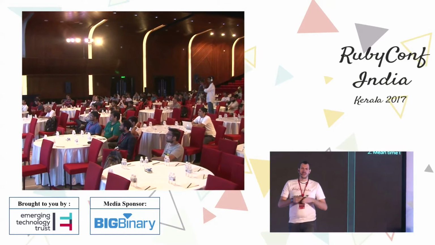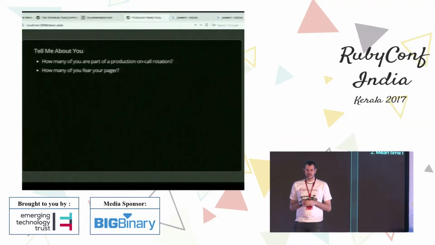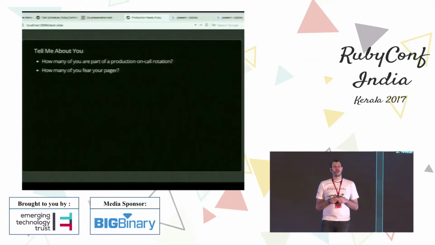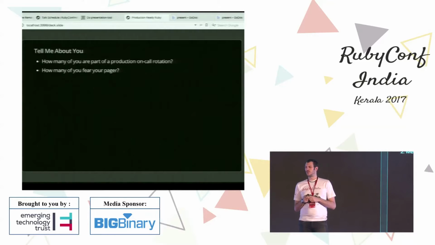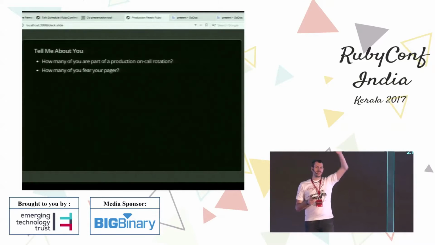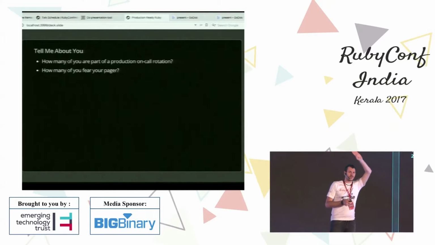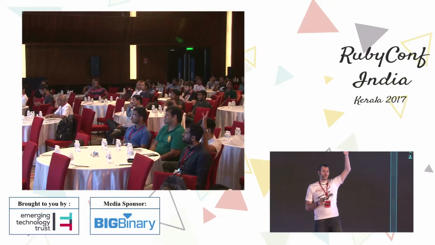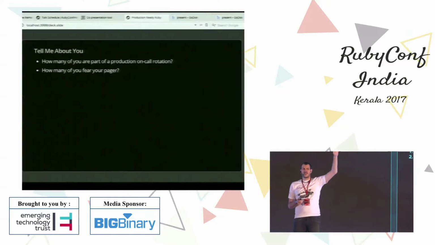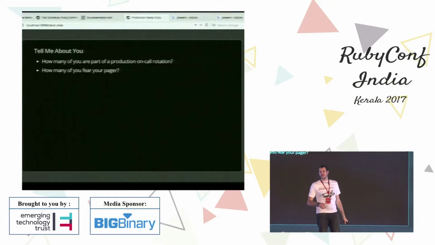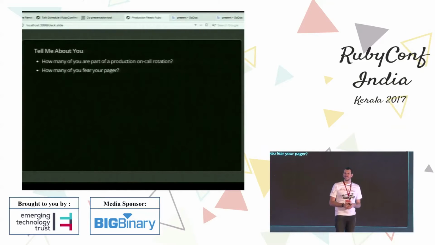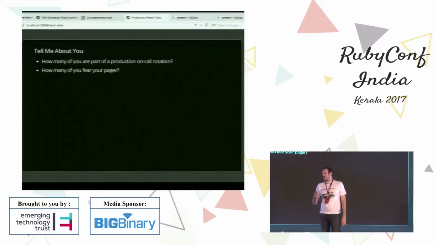So my question for all of you is, how many of you are part of an ongoing on-call rotation? Please raise your hand. So that's what? 2 or 3 people. Okay. So then raise your hand if you don't operate your code in production. So that sort of begs a question for me.